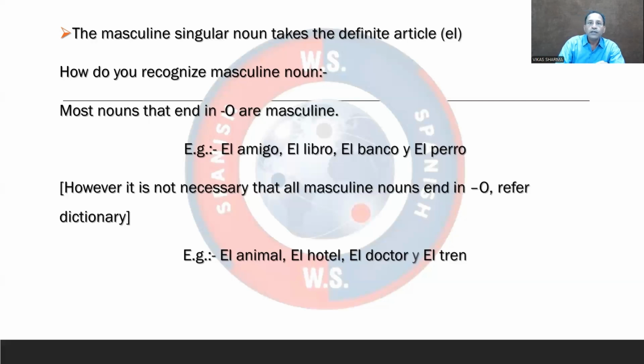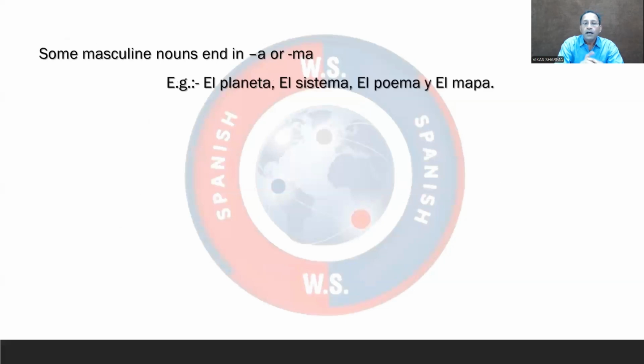So let's move forward. Second hint. Some nouns that end in A or MA are masculine. For example, el planeta, el sistema, el poema, el mapa. El mapa, the map.